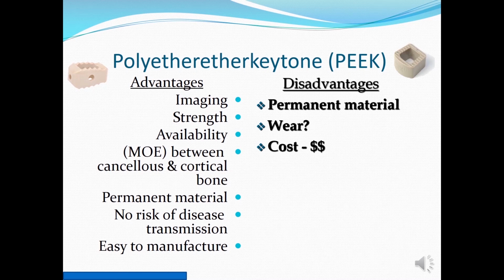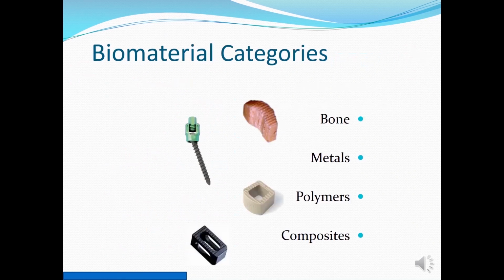It is very strong and available. You can shape it the way you want. Modulus of elasticity is ideal, between cancellous and cortical bone. It is a permanent material. It does not dissolve. It does not transmit disease, and it is easy to manufacture, as I said. The drawback is the wear and tear.